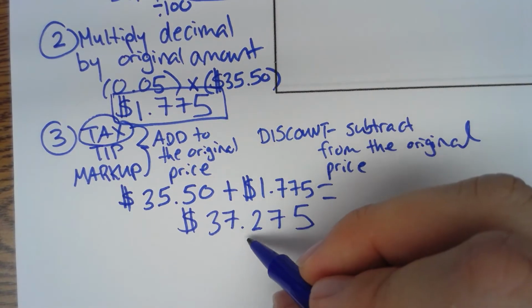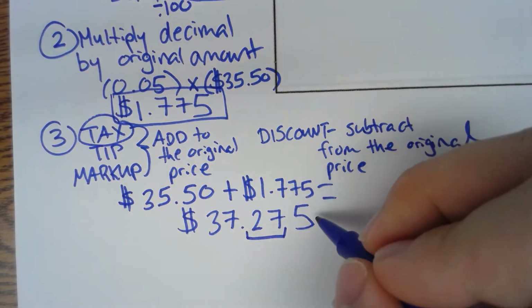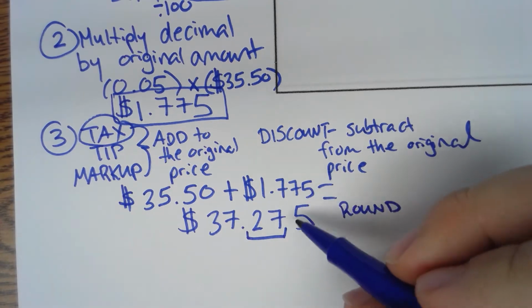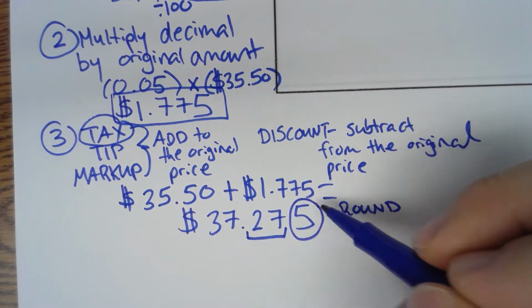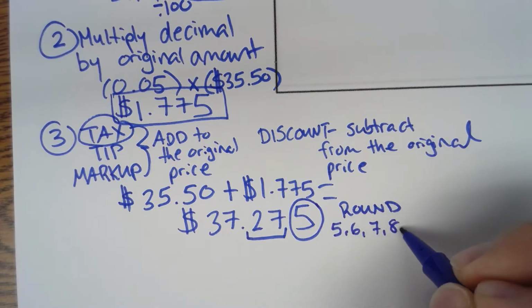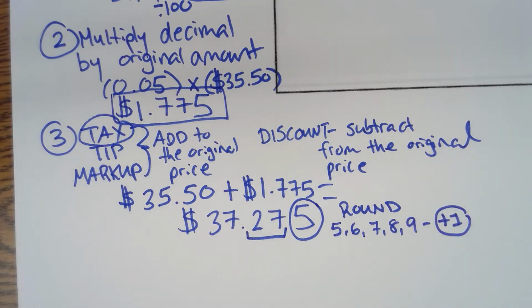When we use money, we only need 2 decimal places. So you have to round. To round, you look at this number right here. If it's 5 or more, like 5, 6, 7, 8, 9, you need to add 1 more.